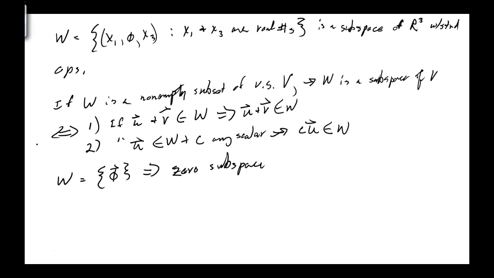Now if you think about it, if U and V are both in W, they have to be both zero vectors. You add them together, that's a zero vector, and that's in W. So the first condition's met.